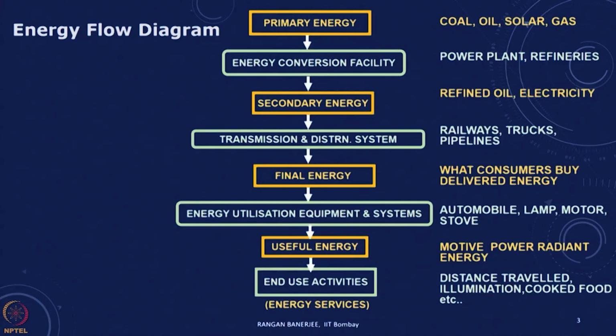Each conversion step needs a certain amount of energy for the conversion. So if you need 1 unit of useful energy, we would probably need 2 units or 3 units of primary energy. So whenever we do a comparison or a calculation, we need to be clear whether we are talking of primary energy, secondary energy, final energy or useful energy.